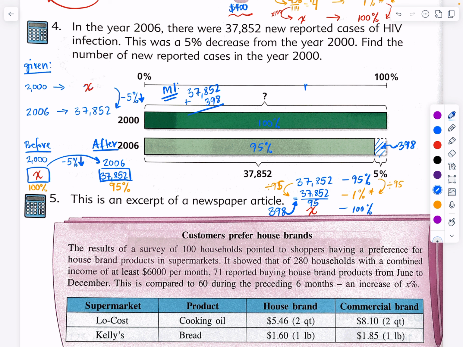Or method 2, we can find 100%. If 398 was 1%, 398 times 100 gives you 3,980 cases. And that's the answer.